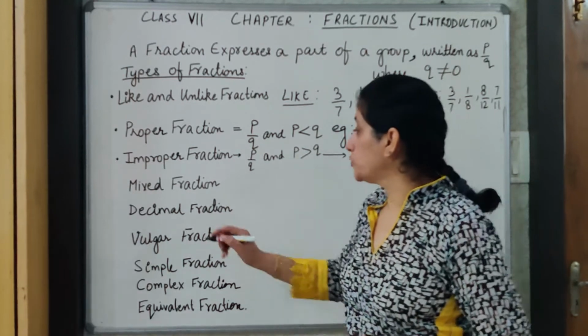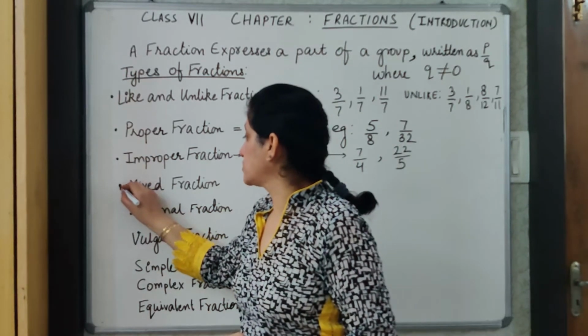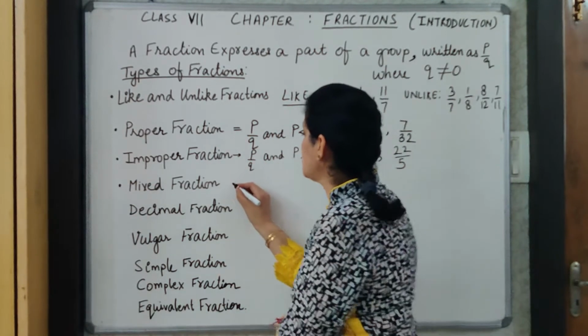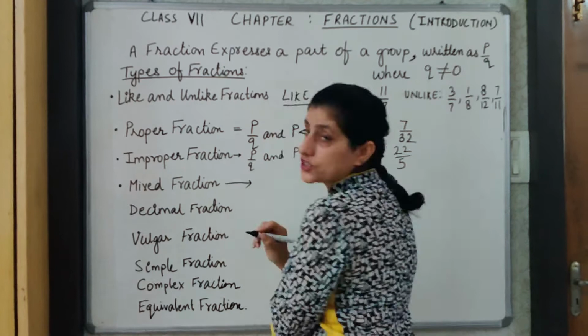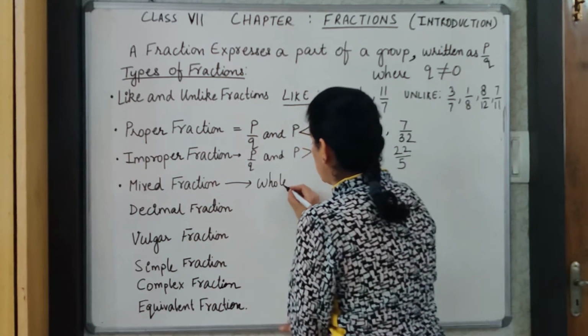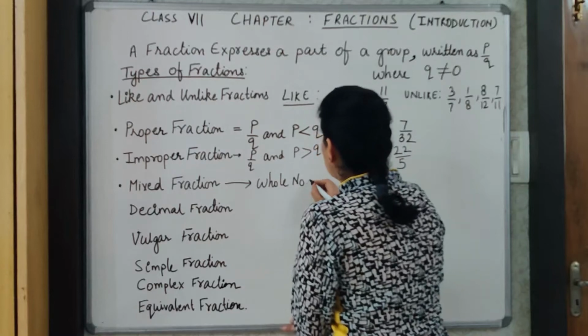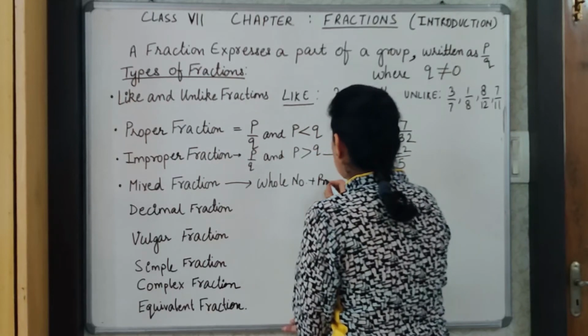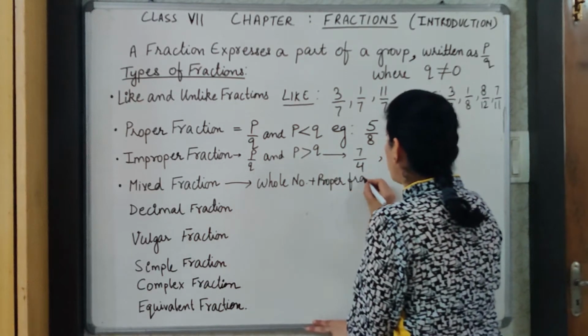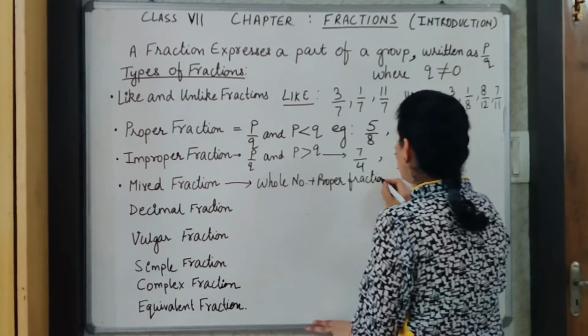Next, moving on to mixed fractions. What are mixed fractions? A mixed fraction is a fraction which consists of a whole number and a proper fraction along with it. A whole number and a proper fraction associated with it.